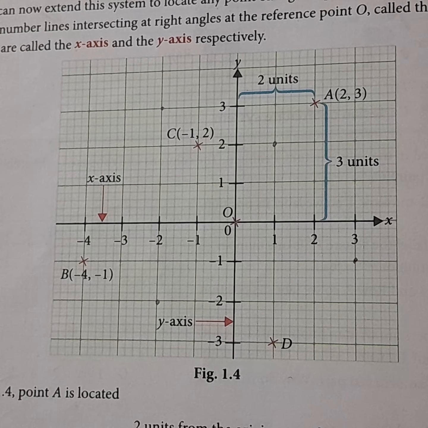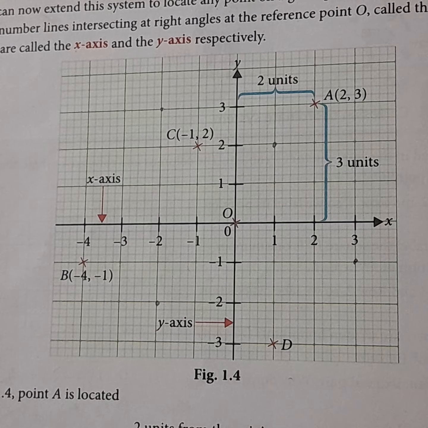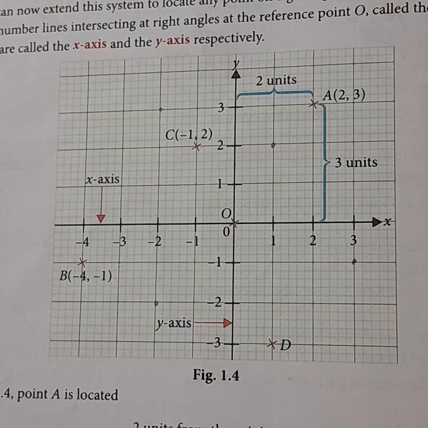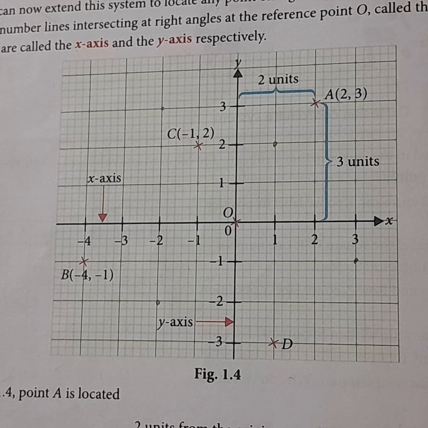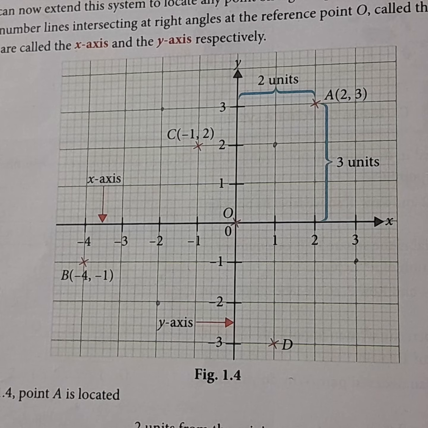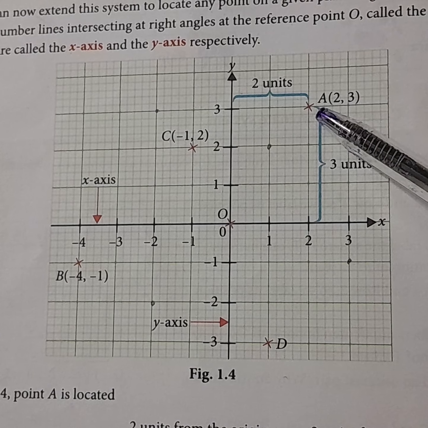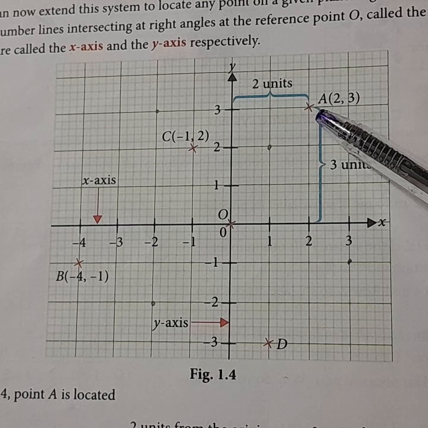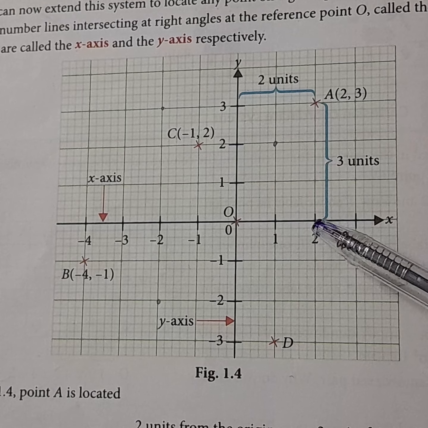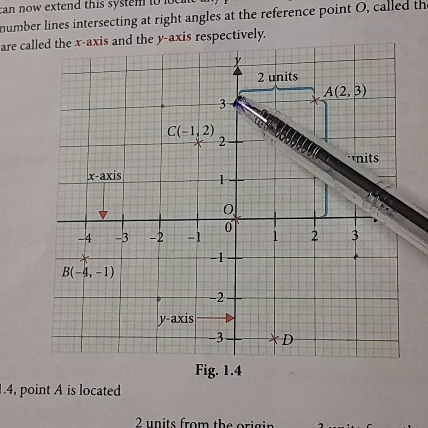Now let's discuss how different points are plotted on the graph. Suppose you have to plot positive 2 and positive 3 on the graph. Positive 2 for x is here and positive 3 for y is here.